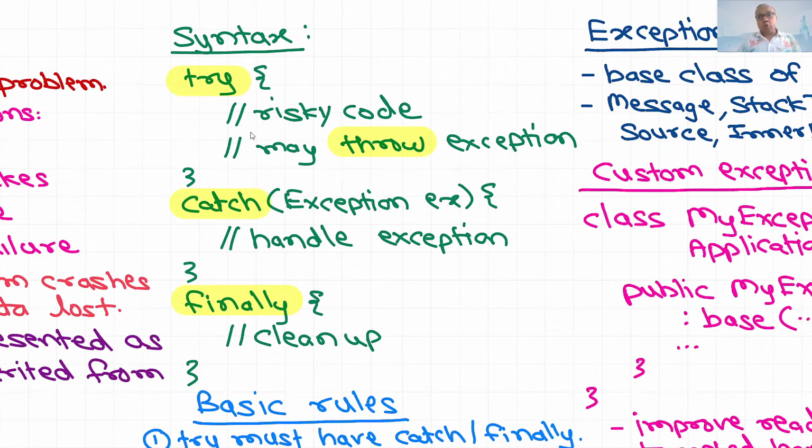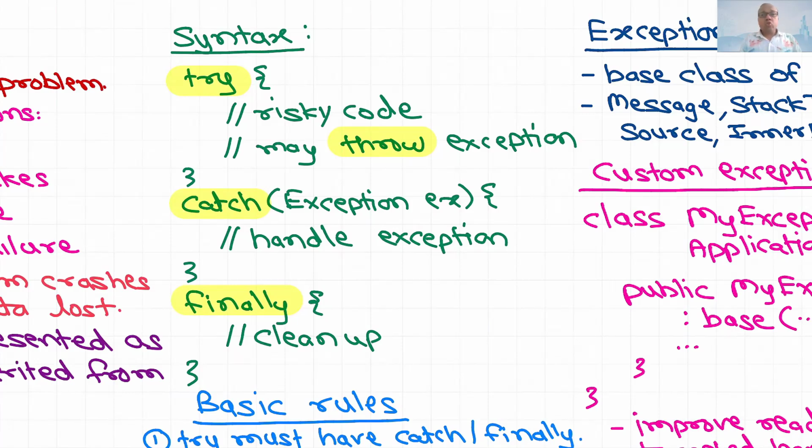Now this particular code might go wrong and it may throw some exception. That is the reason we are trying out that code. If any exception occurs, then we should catch that exception, and whatever problem might be occurring due to that exception, we should be in a position to handle it in the catch block.